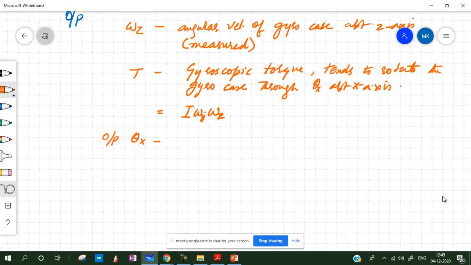This can basically be measured using a pointer and a scale, or you can use some transducer again as an indirect measurement, giving some voltage signal which can be correlated with the displacement.